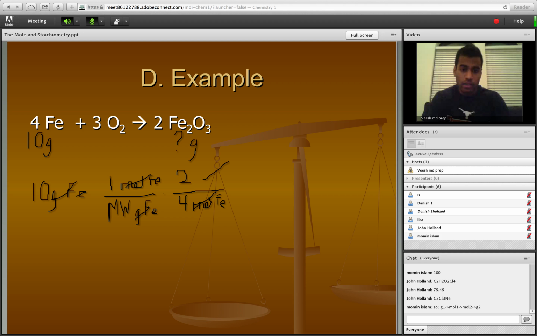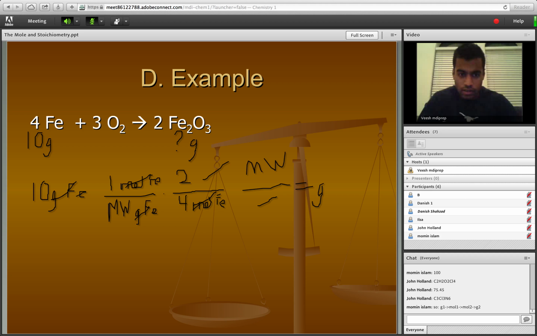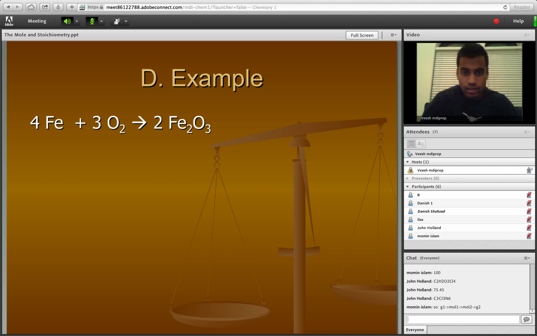So you cancel this part out, and in your final step, you cancel out the moles of the product at the bottom. This top part right here would just be the molecular weight in grams. So molecular weight, and for your final answer, you'd be able to figure out how many grams of the product. That's kind of how you do a dimensional analysis problem. Drawing on here was super annoying, so we're not going to do that again.